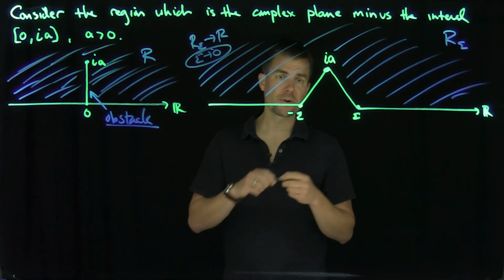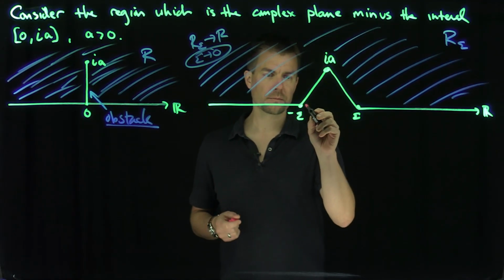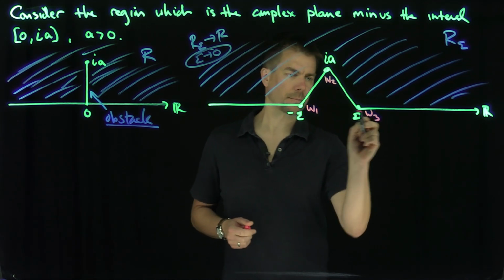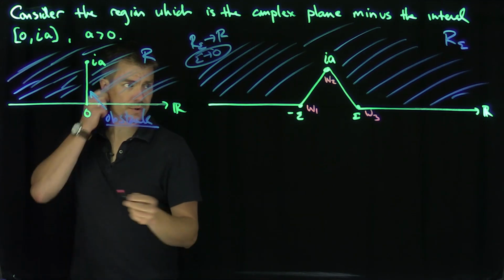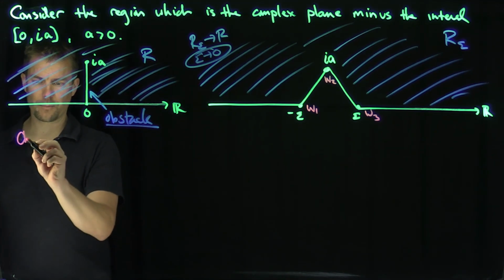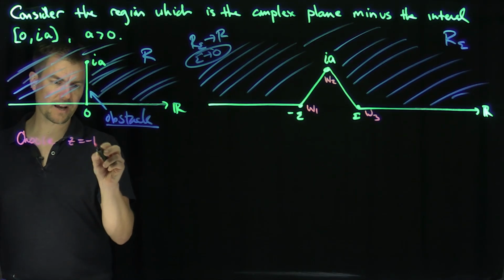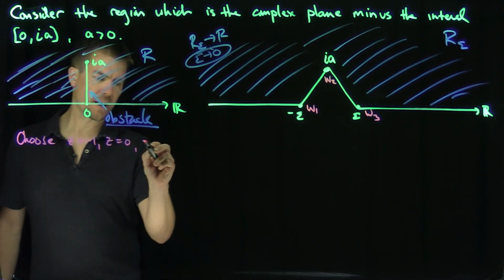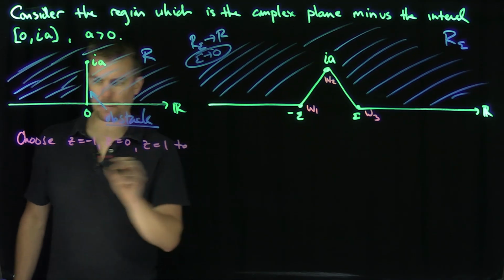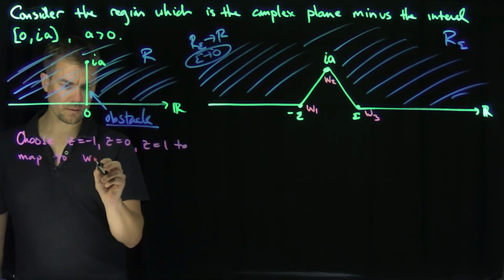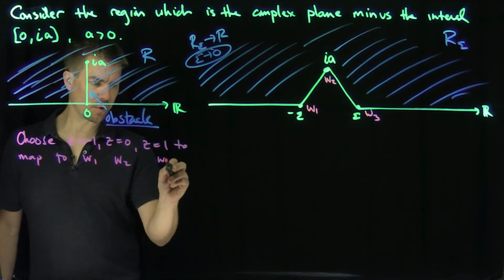Let's look at the alternate. So we have 3 vertices over here, W1, W2, and W3. We're going to choose z equals -1, z equals 0, and z equals 1 to map to W1, W2, and W3 respectively.